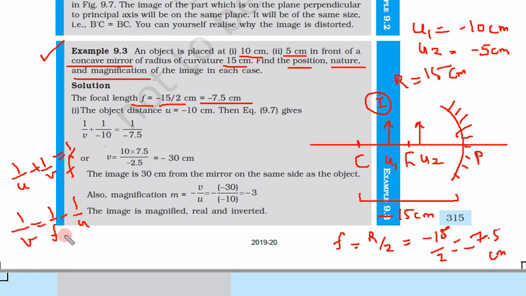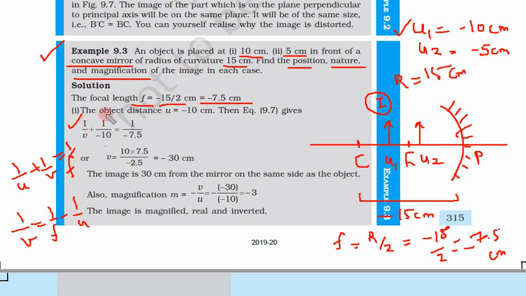So F is minus, U is also minus. So let us put this value in this formula. So 1 by V plus 1 upon U, in first case it is minus 10. So 1 by V plus 1 upon minus 10 is equal to 1 upon minus 7.5.